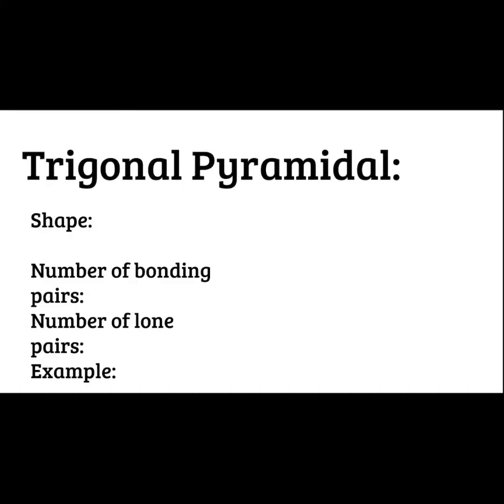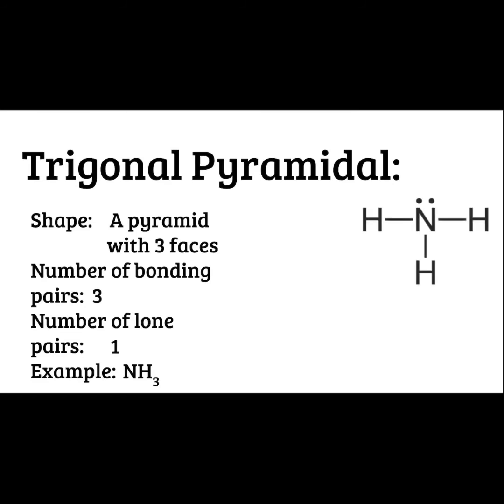Next I have trigonal pyramidal. So this is a pyramid with 3 faces. There's still 3 bonding pairs, but I can have at least 1 lone pair to make it have this pyramid shape. An example of this is going to be NH3. So here's NH3. Again, that lone pair at the top is repelling those lines that are bonded pairs. So for this one, if I'm looking at the angle between each hydrogen, it's going to be about 109.5.